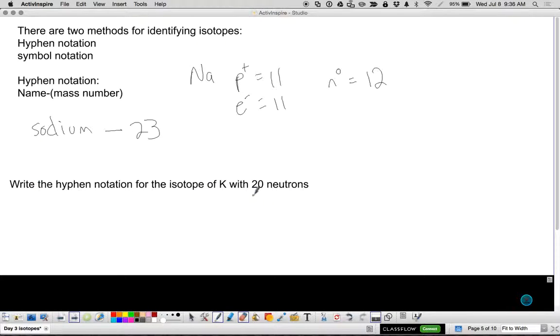So 19 protons plus 20 neutrons gives 39 as my mass number. Okay? So my hyphen notation would be potassium-39. So that is hyphen notation.